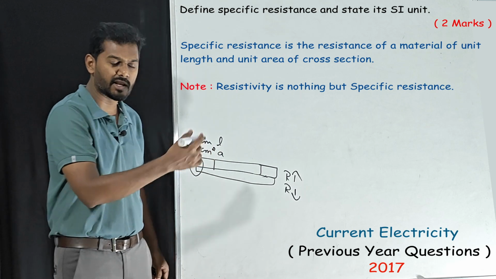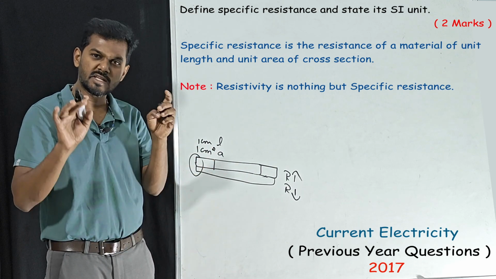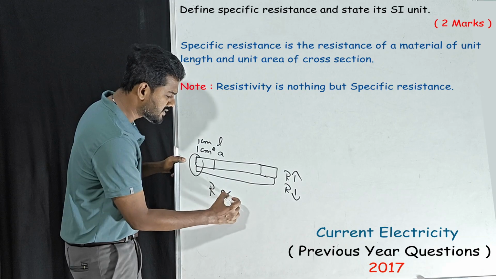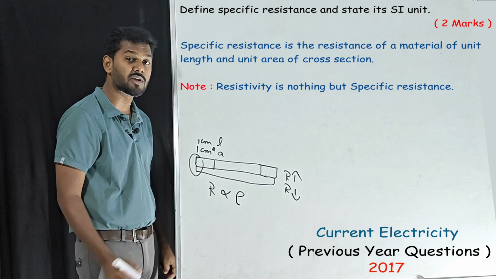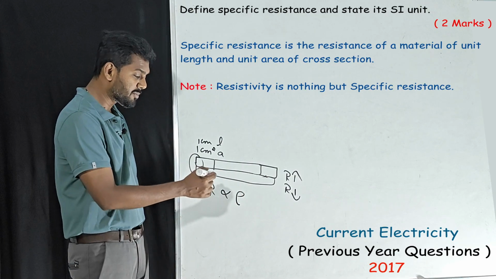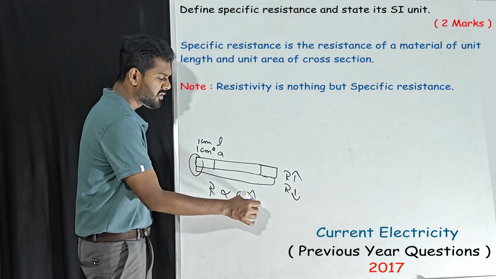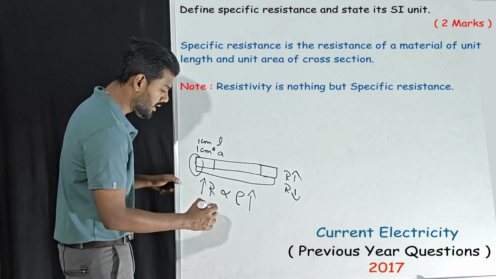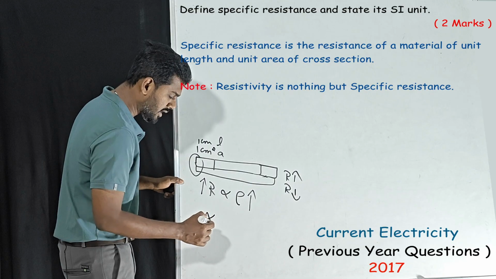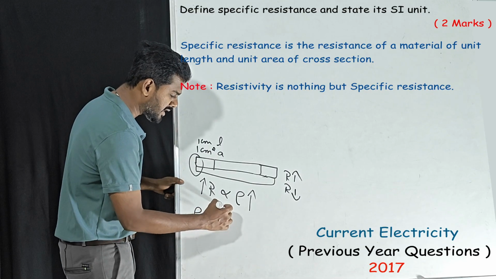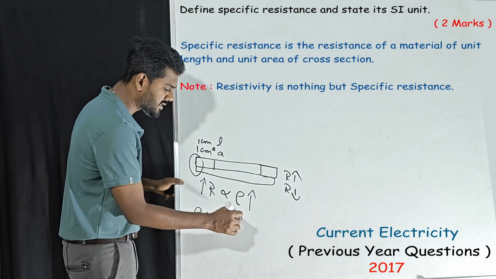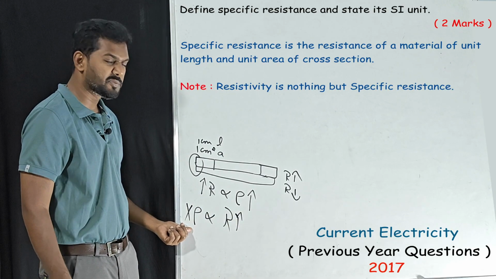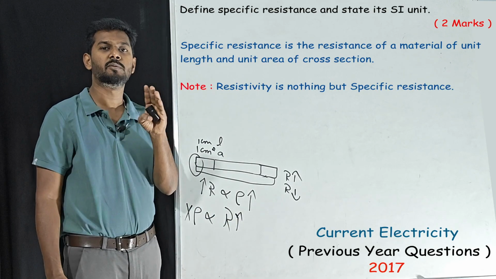After that, if anything changes, specific resistance remains the same. Resistance depends upon specific resistance. If the specific resistance is more, then the resistance will be more. But specific resistance does not depend upon resistance. Whether resistance increases or decreases, the specific resistance of a material remains the same.